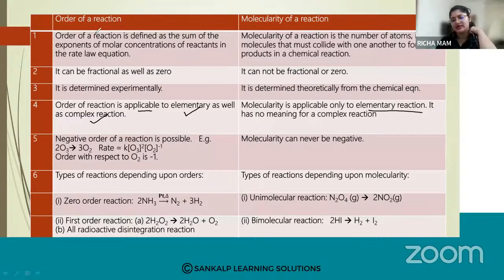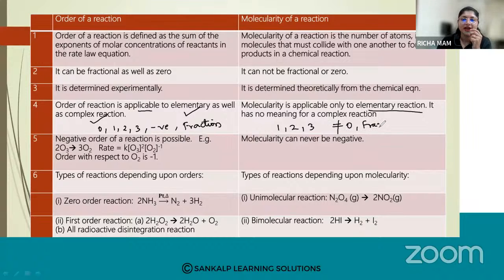Then we have also seen that negative order of reaction is possible. Your order of reaction can be zero, one, two, three, it can be a negative number, it can be a fraction. But molecularity of reaction can be only 1, 2, and 3, whole numbers. It cannot be zero, it cannot be a fraction, and it cannot be a negative number.